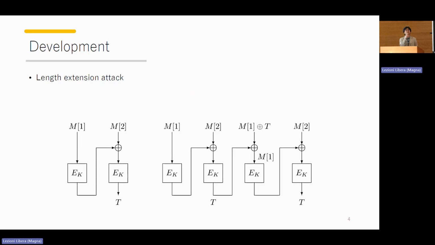It is well known that this allows a length extension attack. If we have a tag T for a 2-block input message M1, M2, then we can create a tag for a 4-block input message, namely the tag for M1, M2, M1 XOR T, and M2.